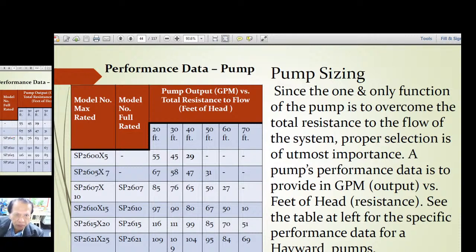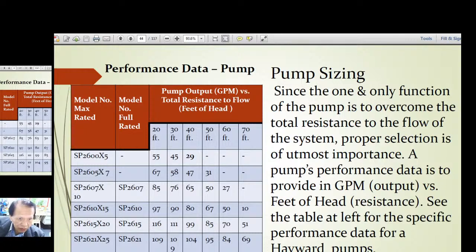So remember, our computation was 26 GPM. So therefore, in this first column, we have 55 GPM, and then 67, then 85. But look, our head is 32, so it must be between 30 and 40. Between 30 and 40.